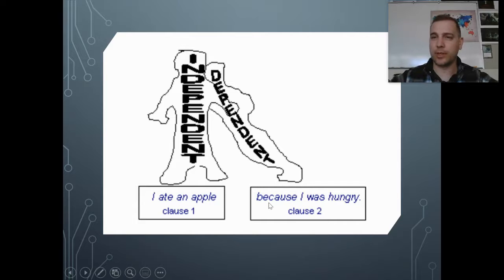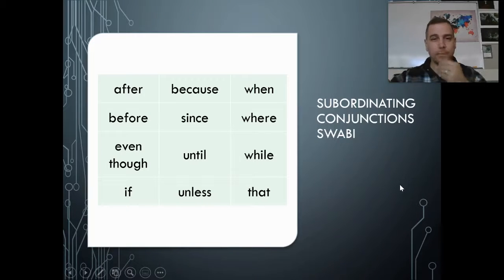And it's important that you know this because there are slight rules in punctuation based on how these are ordered. But what we have here are words called subordinating conjunctions. Some grammar programs will refer to them as SWABI, right? But subordinating conjunctions, what they do is you put them at the beginning of a sentence, and it turns what would normally be an independent clause into a dependent clause.